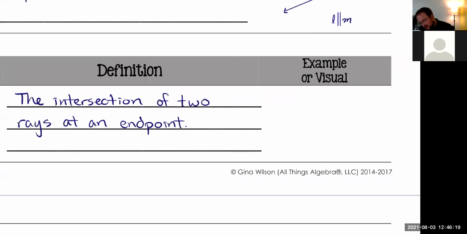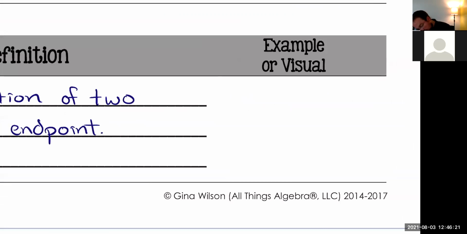So we're just going to look at a very generic one here. So I'm going to put my endpoints, draw two rays from it.